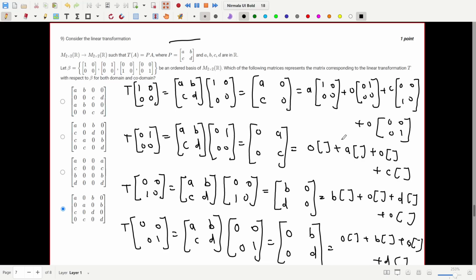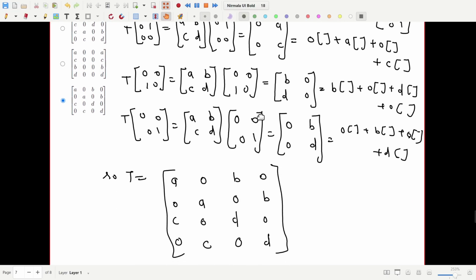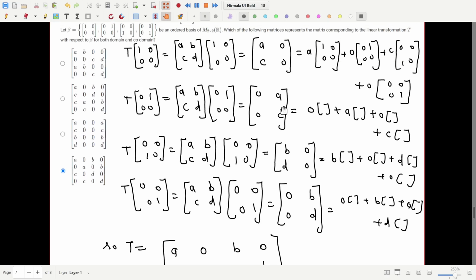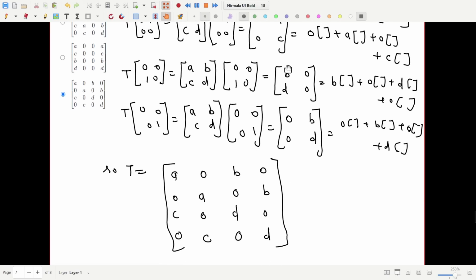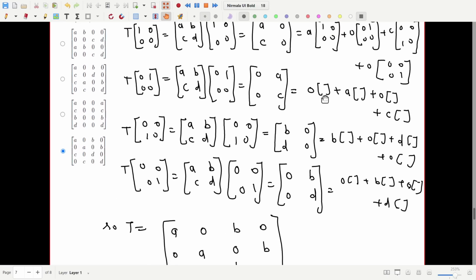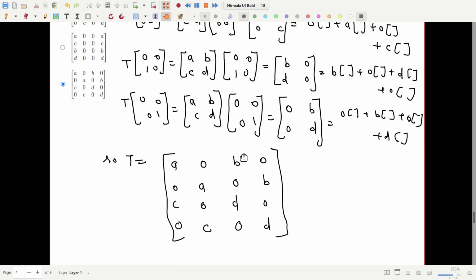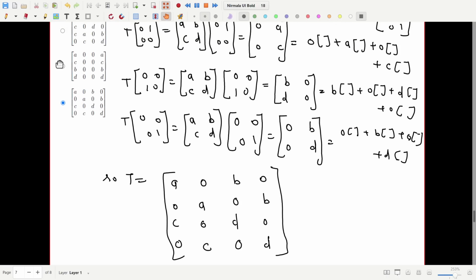You can assume that it is an order matrix 1 0 0 0 and 0 1 0 0 form, and the coefficients you get, write down the coefficients in matrix form, and T will be: A0 C0, then 0A 0C, the third one B0 D0, and then 0B 0D. This is the correct answer.